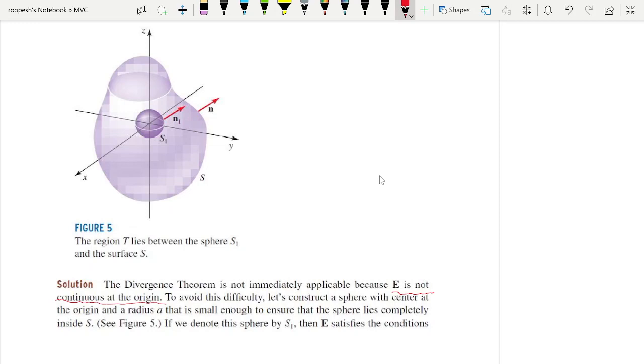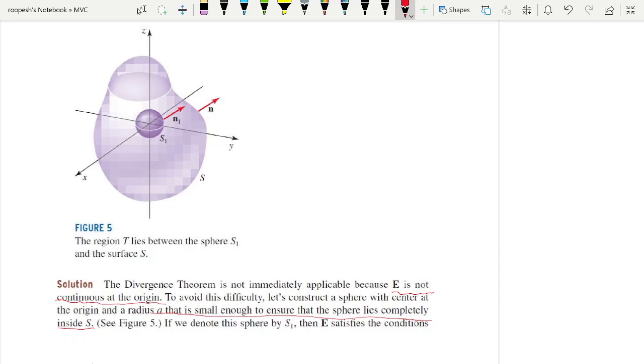We can construct a sphere with a center at the origin and radius a that is small enough to ensure the sphere lies completely inside S. Right? So when you're having a small sphere inside of this, we can say that the sphere is S1.